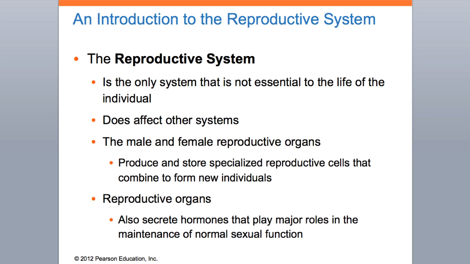So it does affect other systems. Now, one of the things that we're going to learn is that the reproductive system is highly controlled by the neurological and the hormonal. So again, Nemesh's 95% rule on electrical and chemical. Next slide.